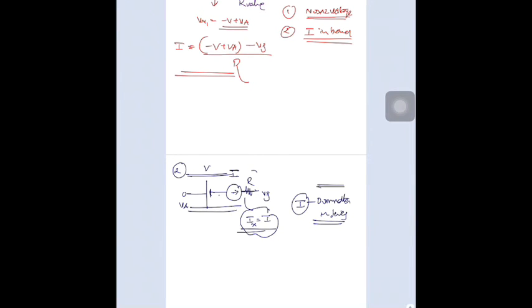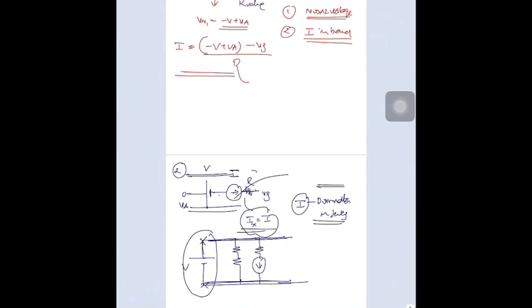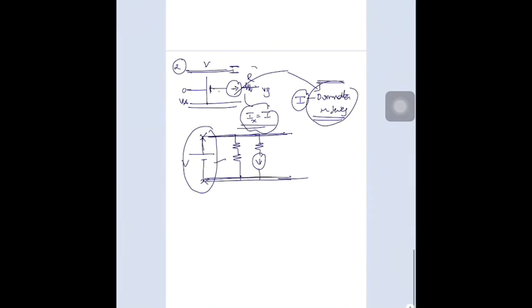Say for example you have a voltage source V, and you have elements like this and a current source. Since you have a voltage source in one element, this voltage will be applied to all the parallel circuits. Similarly, the current source is the king in a series branch, like the voltage source in a parallel branch.